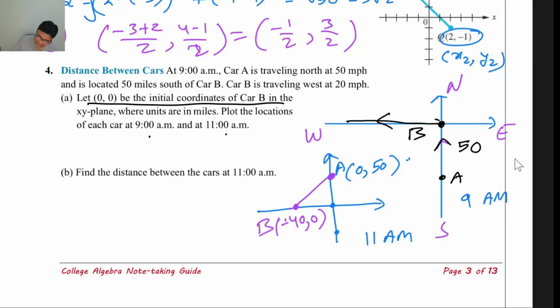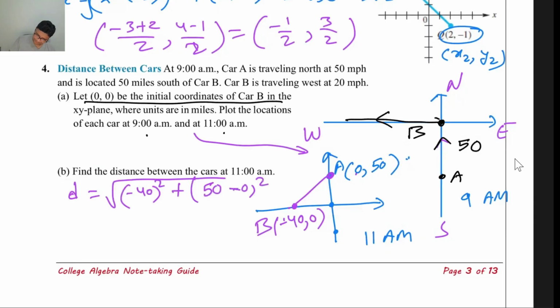Okay, plot the locations. We already did that activity here. For the second part, find the distance between cars at 11 a.m. Use the distance formula. Under root x2 minus x1, 0 minus minus 40, so anyway, minus 40 whole squared plus 50 minus 0 whole squared. Okay, it is x2 minus x1 whole squared plus y2 minus y1 whole squared.